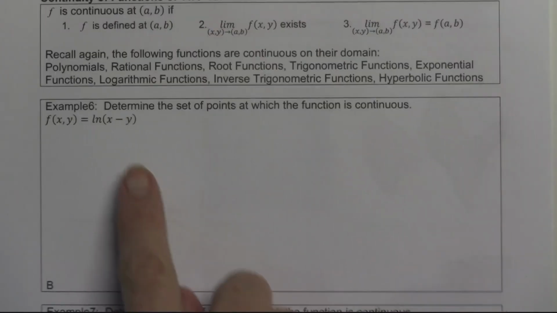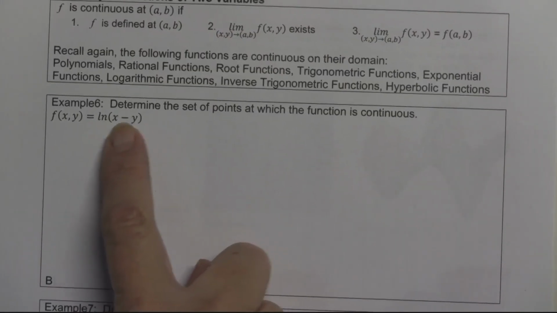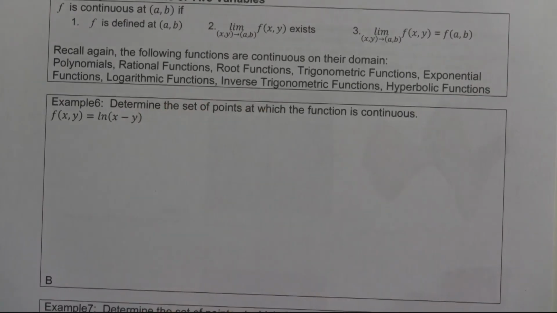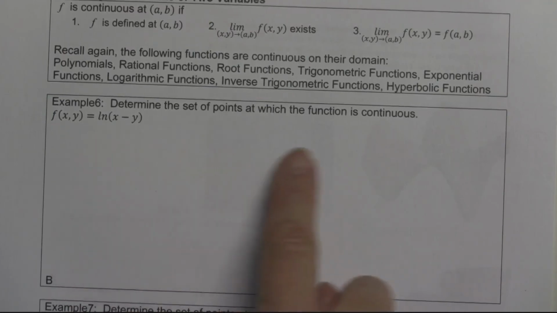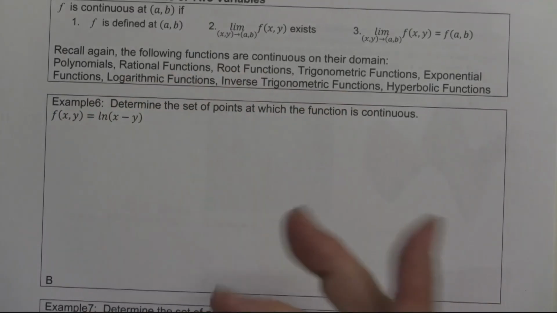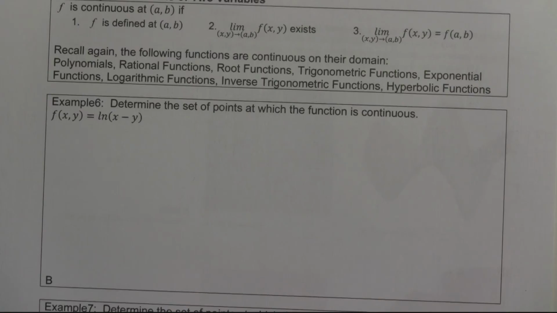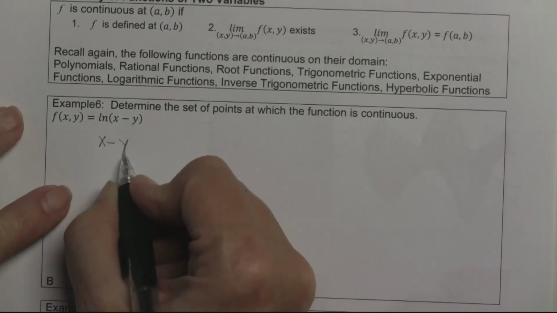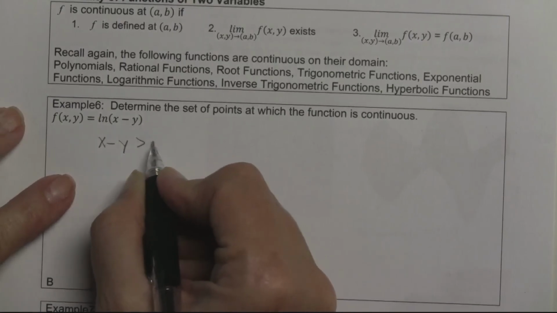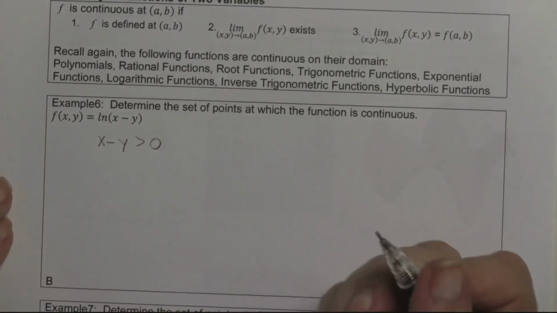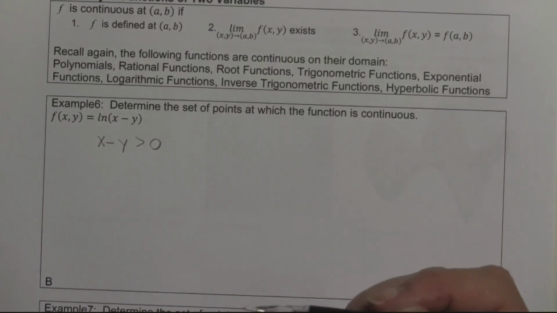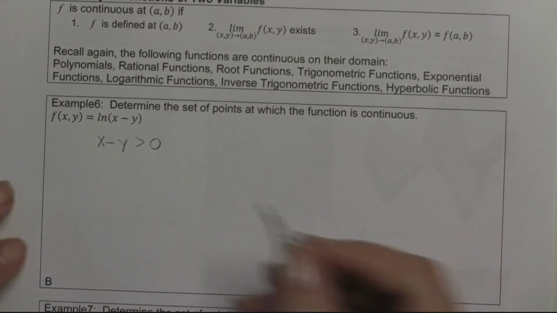Okay, so this is a natural log function right here, and logarithmic functions are continuous on their domain. They're asking what region this is continuous on, so all I have to do is find its domain, where x minus y is greater than 0, because the input to a log has to be greater than 0.